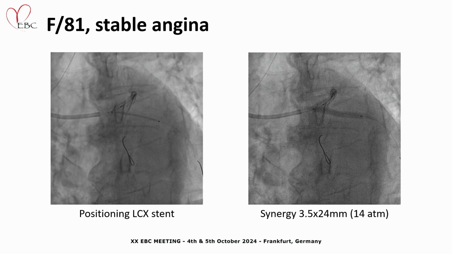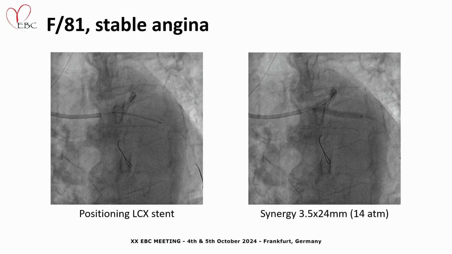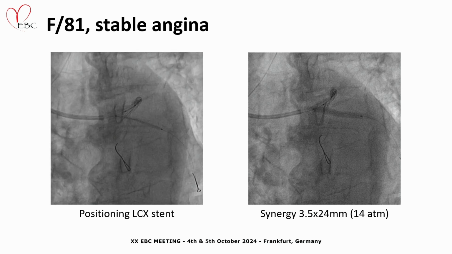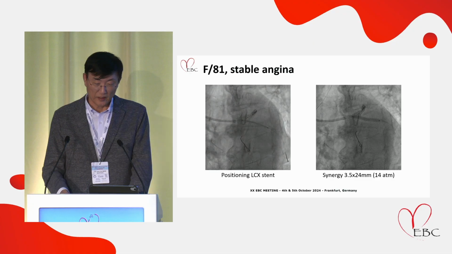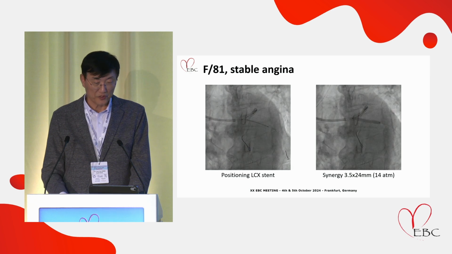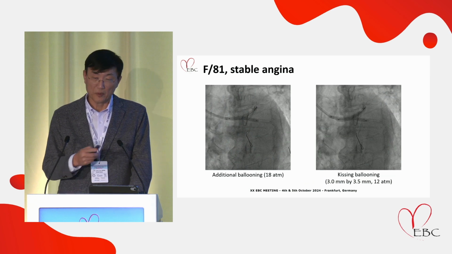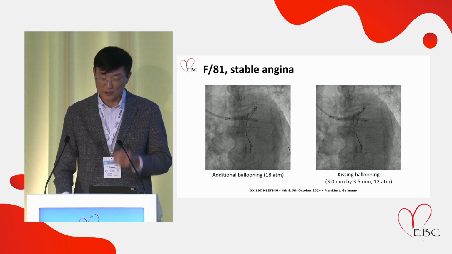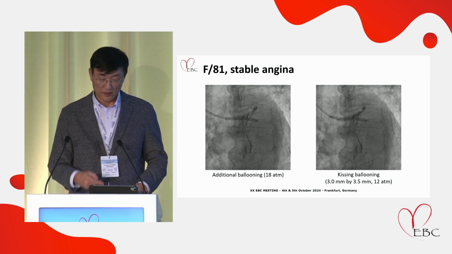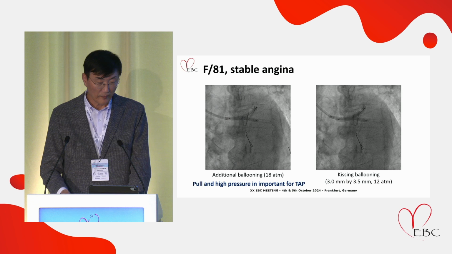Positioning of the circumflex stent is very important, to meet the proximal end of the circumflex stent to the inferior side of the main stent. Put the stent in at 14 atmospheres, pull back and apply high pressure as recommended by the EBC guideline, and finalize with kissing ballooning.